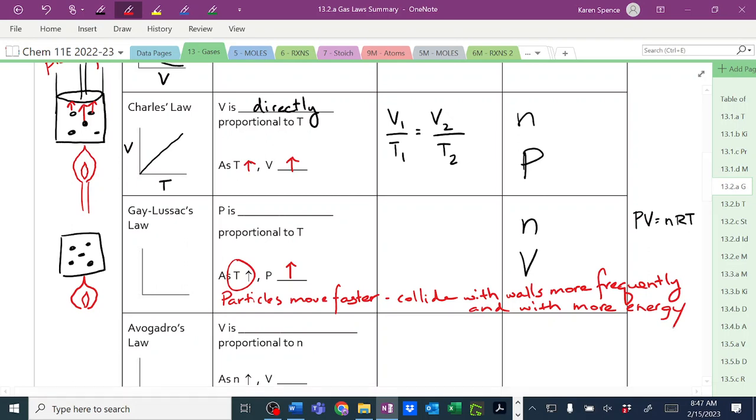This means that pressure is directly or inversely proportional to T. Directly. So as temperature increases, temperature is our independent variable, the pressure will also increase.